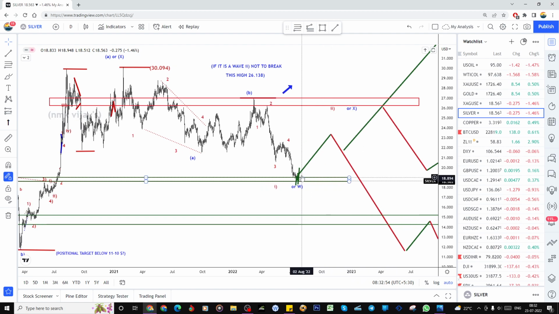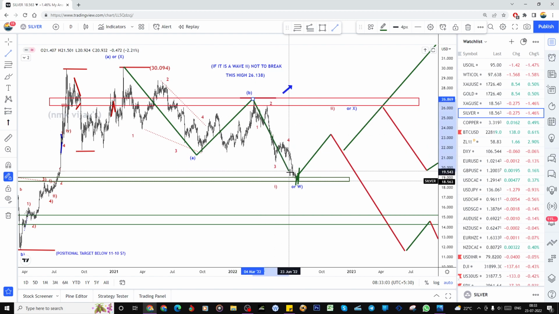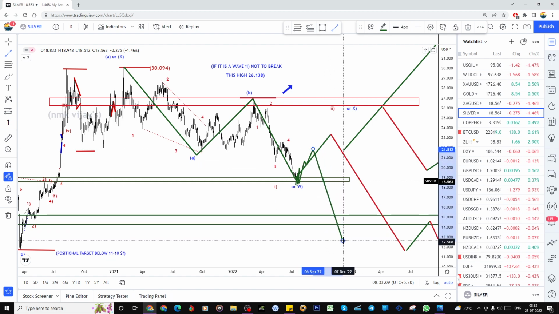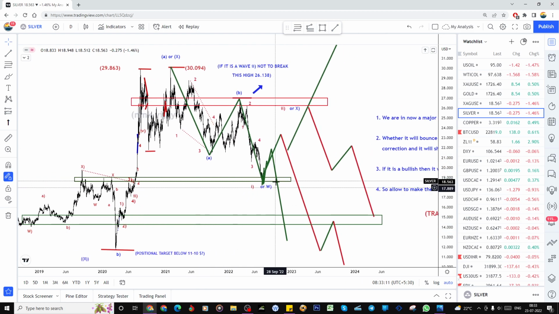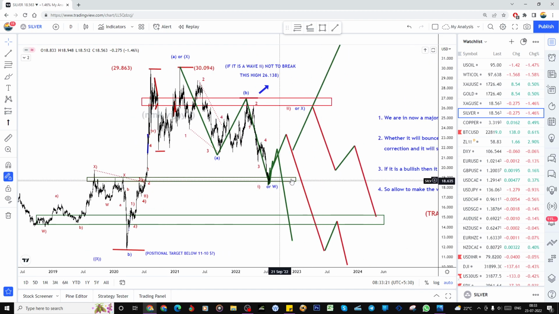Whether this is the A, this is the B, this is the C, I'm expecting the 3-wave structure, and I'm going to be on the sell side as per this one. But if this is the completion and it isn't that bullish, that is why I'm just watching this.